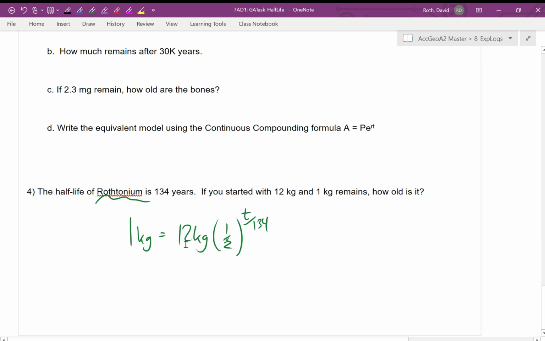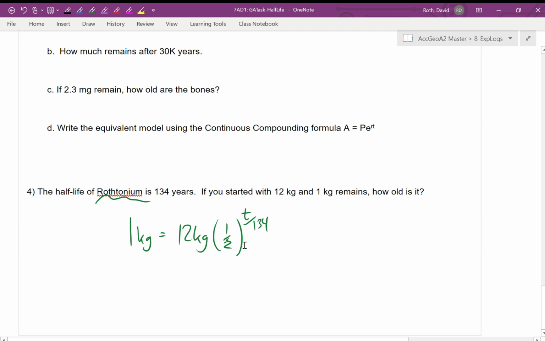So obviously it's more than 134 years. If we had to approximate, taking half of 12 is 6, half of 6 is 3, half of 3 is 1.5, right? So it's a little bit more than 4 half-lives, so worth looking in the ballpark of 800 years or so, just by approximating.